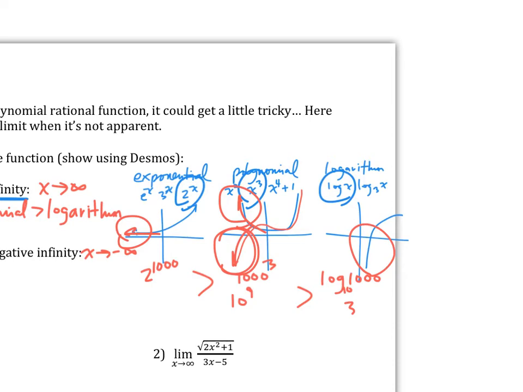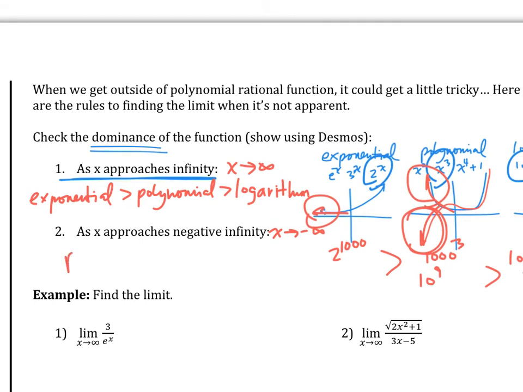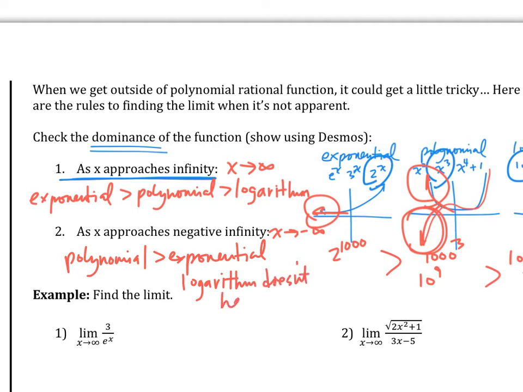And so when x is going to negative infinity, we would say the polynomial dominates the exponential. And then logarithm doesn't exist, because you can't put in any numbers that are smaller than 0.